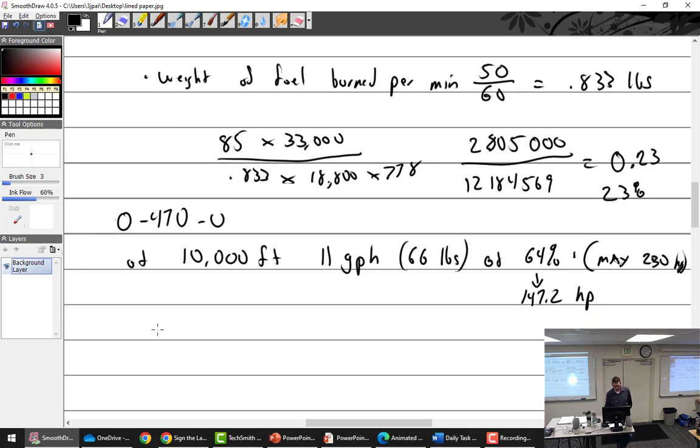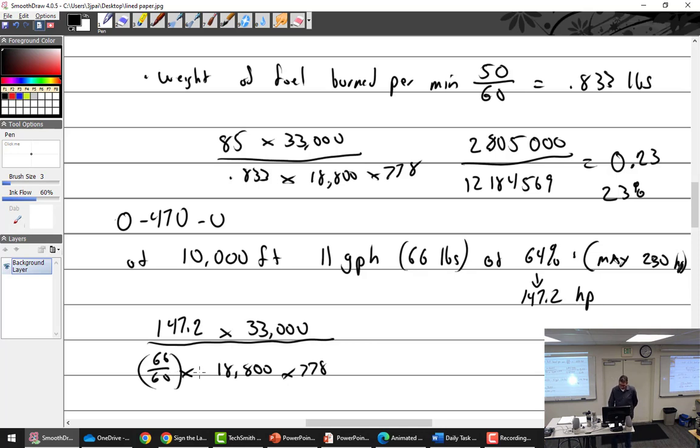That is 147.2, my indicated horsepower, times the constant 33,000, divided by how much fuel I burn per minute, which is 66 divided by 60, that's 1.1, times the fuel heat value, because we're using the same fuel we used a little bit ago, times 778.